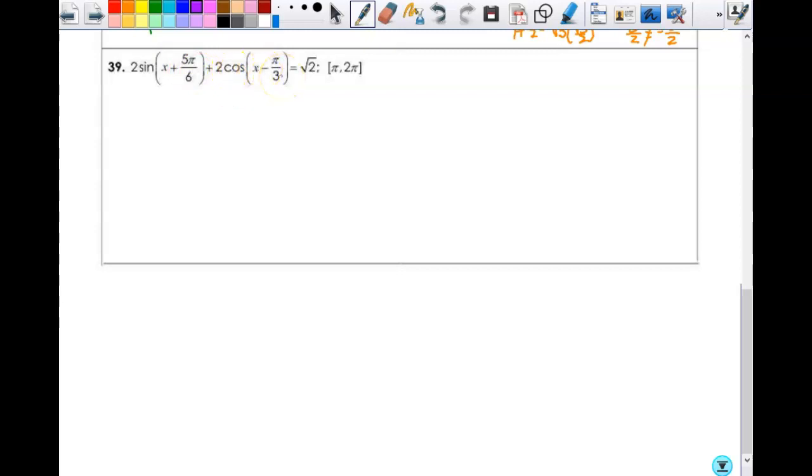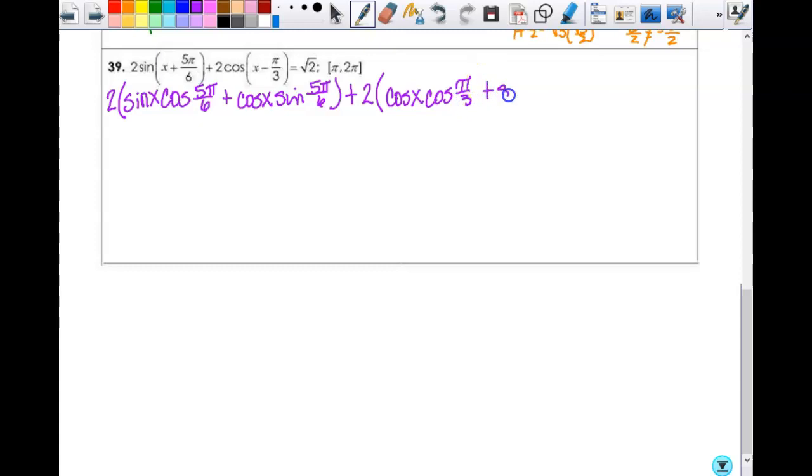So when I substitute that from my reference chart, I get 2 times sine x cosine of 5π/6 plus cosine x sine of 5π/6, close my parentheses, plus 2 times parentheses cosine x cosine of π/3 plus sine x sine of π/3. All that's equal to the square root of 2.